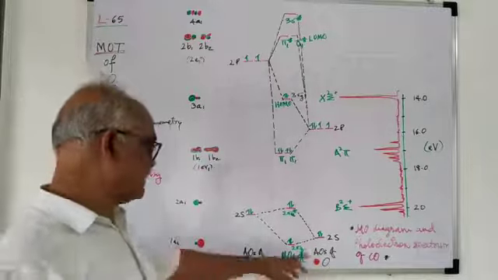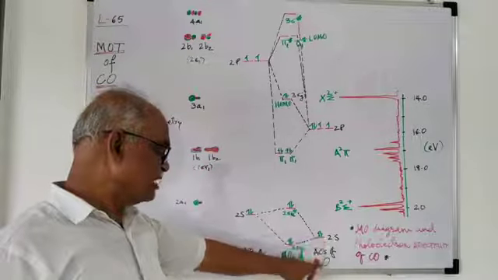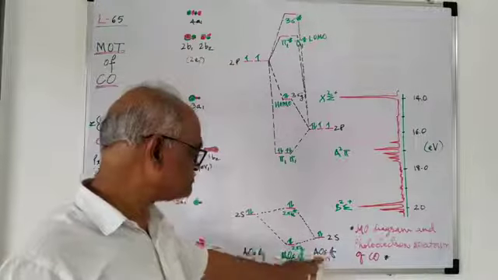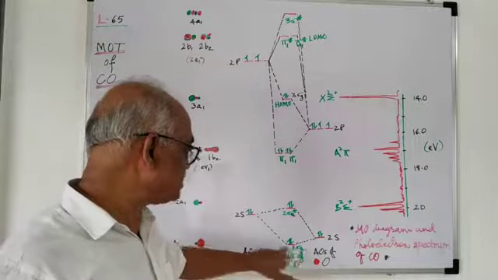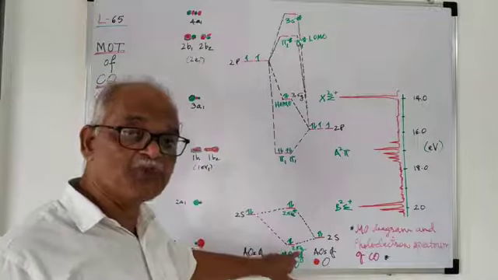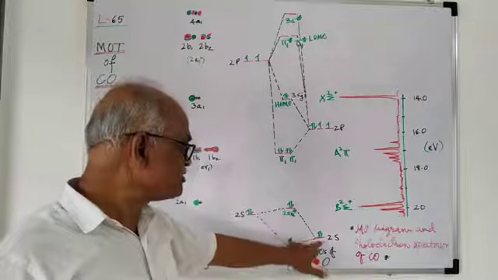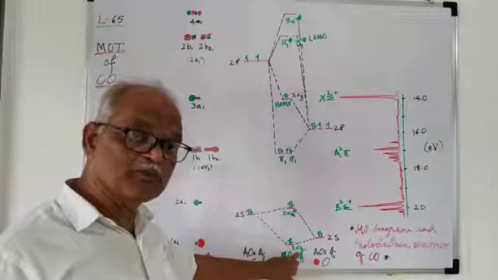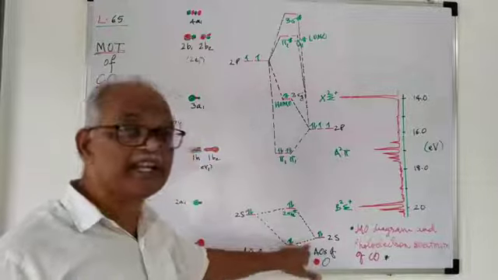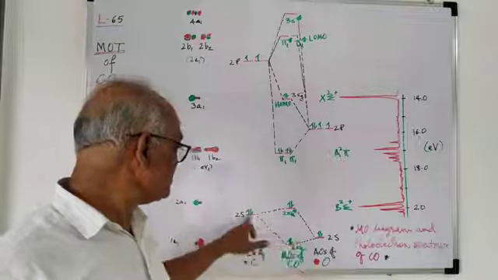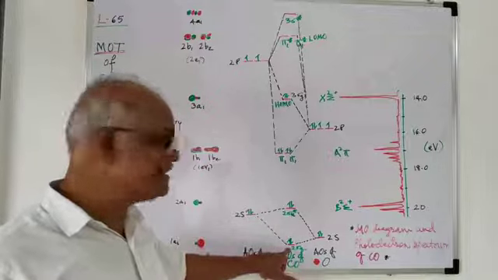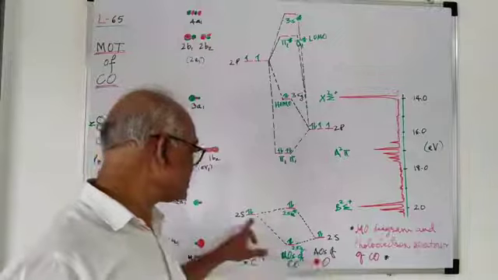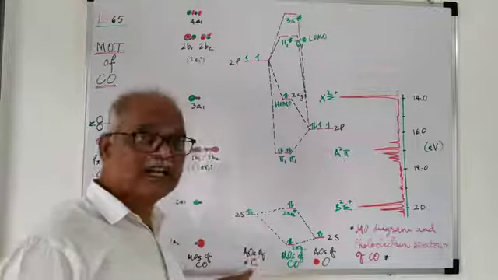So here you will find that this 2s orbital of oxygen is energetically closer to this 2 sigma g bonding molecular orbital. So this atomic orbital is converted into this sigma g bonding molecular orbital because these are energetically closer. Means this molecular orbital has more contribution of this 2s of oxygen and less contribution of this 2s of carbon.